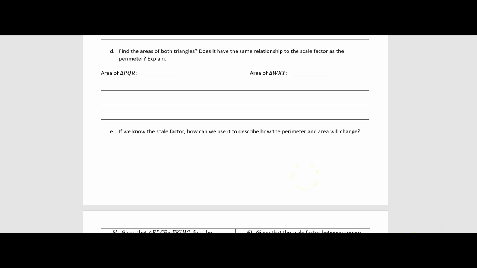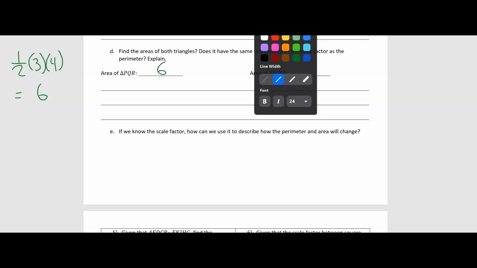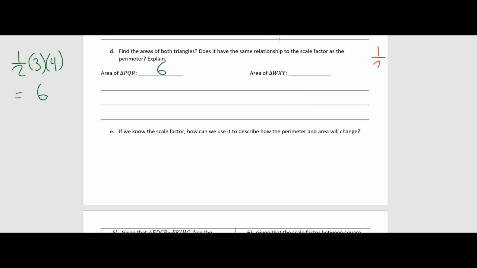Okay, so the area of the smaller triangle would be 1/2 times base times height, or 1/2 times 3 times 4. That gives us an area of 6. Area of the larger triangle, 1/2 times 9 times 12. That gives us an area of 54.